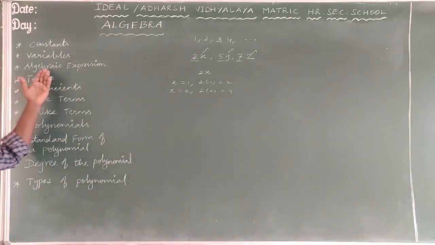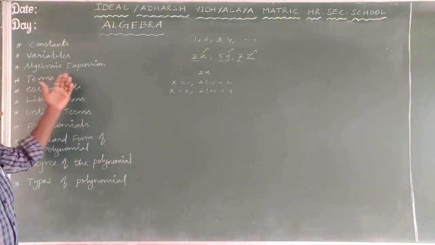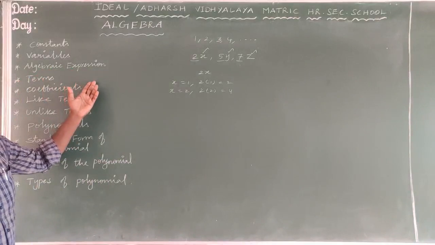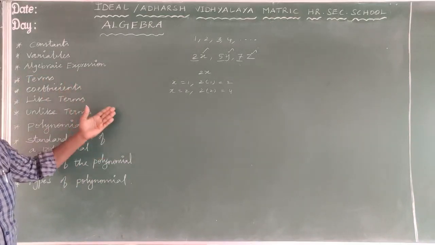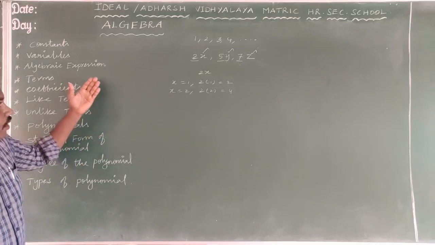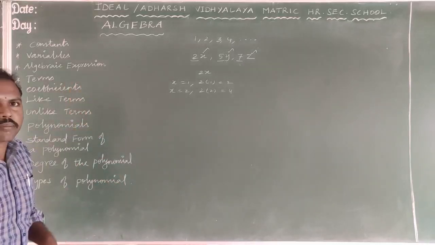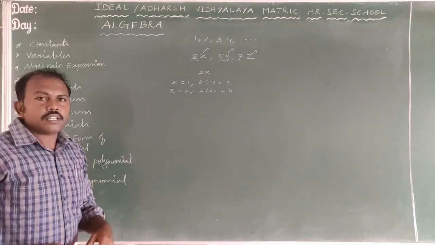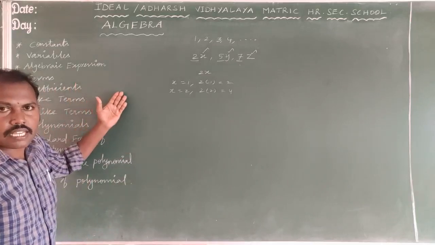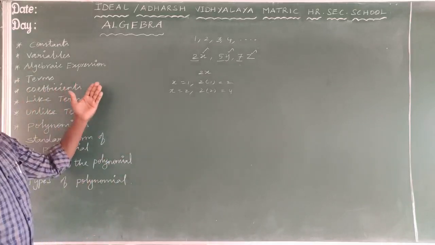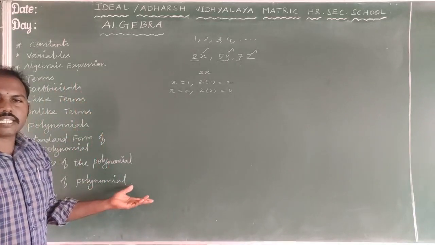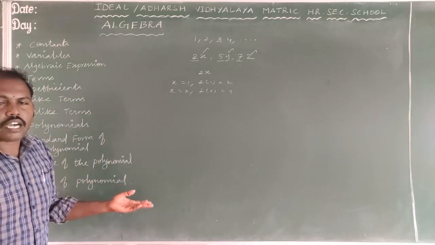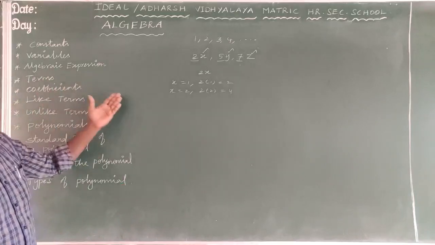Next one, algebraic expression. The expression formed by the combination of variables and constants using mathematical operations like addition, subtraction, multiplication, division is known as an algebraic expression.